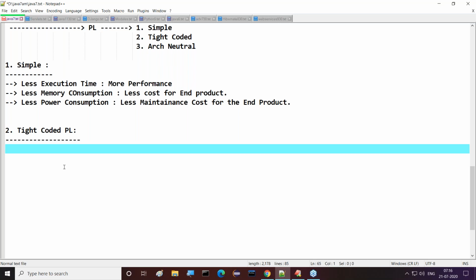Now, at the same time, I'm asking one more question. Do you know stack data structure? Stack data structure. Do you have any awareness of it, guys?